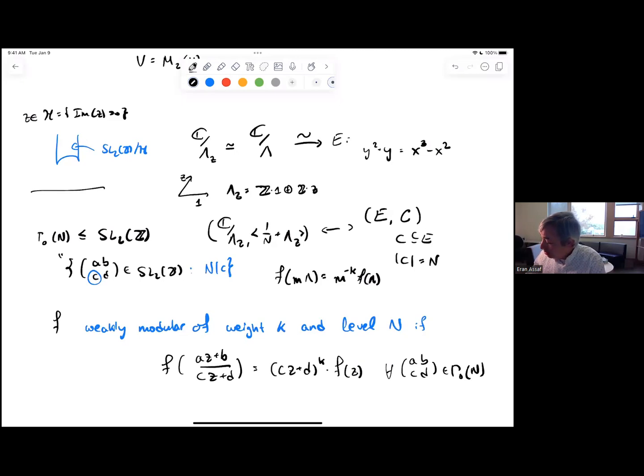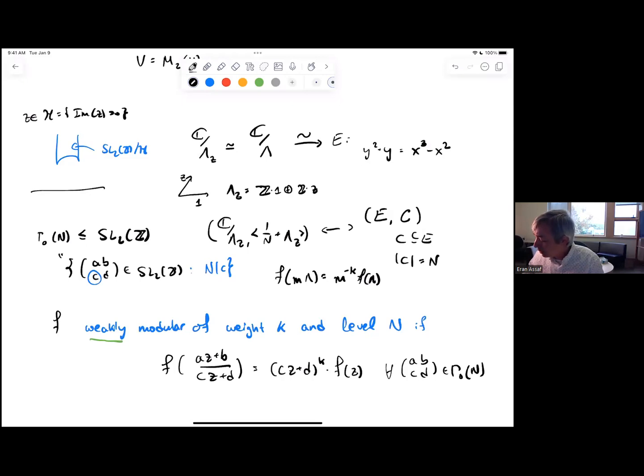And the only point that I want to make is that here we said weakly. Well, what would make them actually modular? Well, this moduli space is not compact, so we usually compactify it, and we want functions on this entire compactified space, which translates to nice growth conditions of these functions.